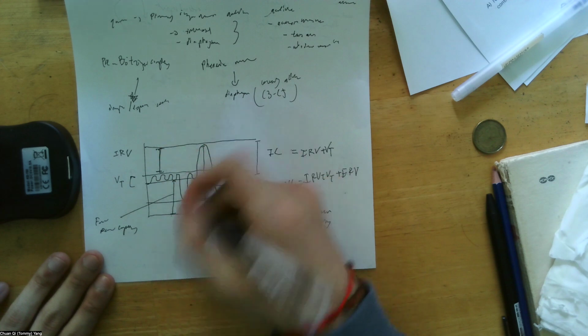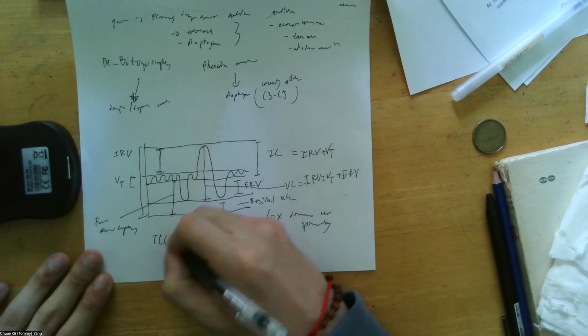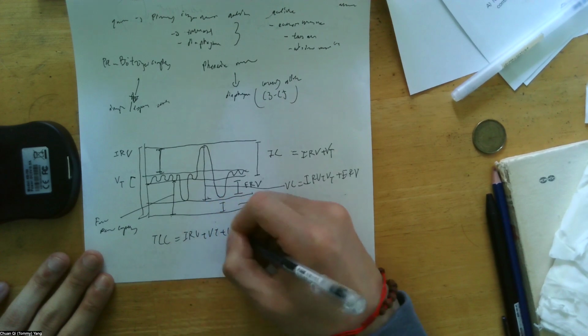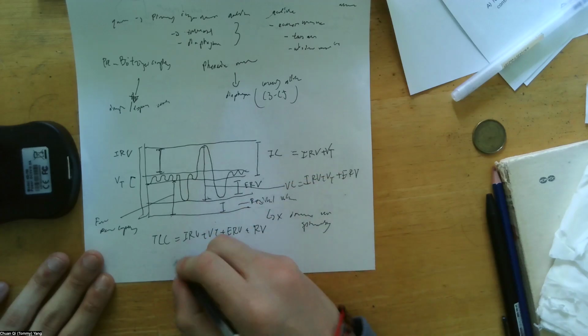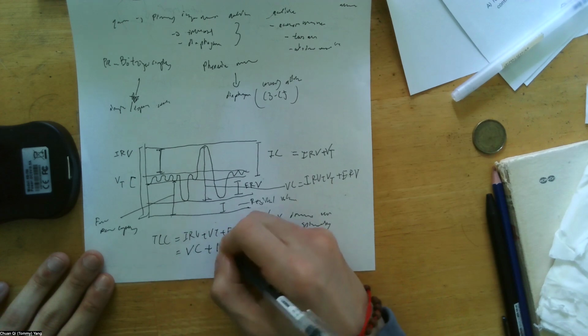And essentially, you can also have a measure called total lung capacity, which is this entire thing. Total lung capacity is equal to IRV plus VT plus ERV plus residual volume. Or you can say it's equal to VC plus residual volume.